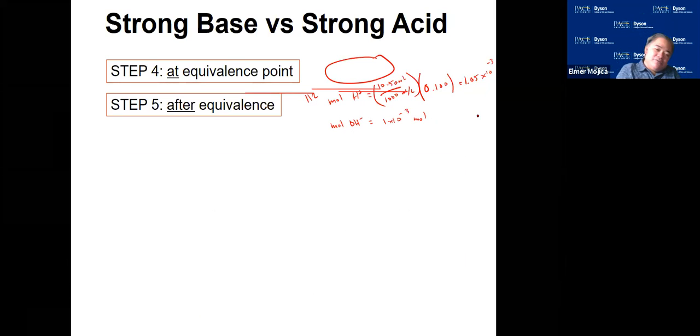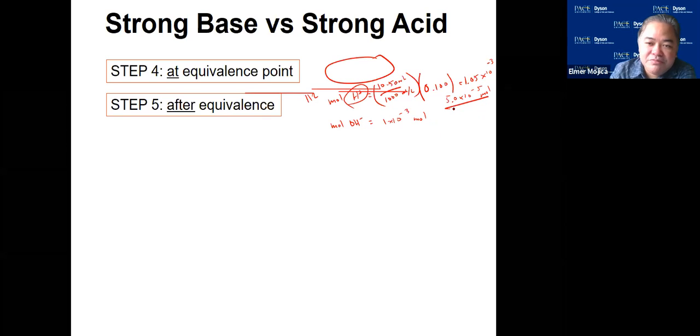So as you could see now, you have your H plus in excess. How much of that? Okay, so you subtract this value with this one. So 1.05 times 10 to the negative 3 minus 1 times 10 to the negative 3. So you have there 5 times 10 to the negative 5. And all you need to do is divide it with the total volume, which in this case is 10.5 plus 50.